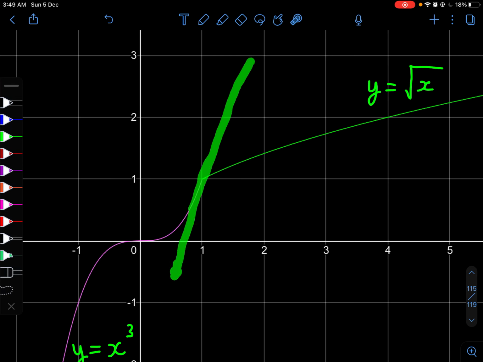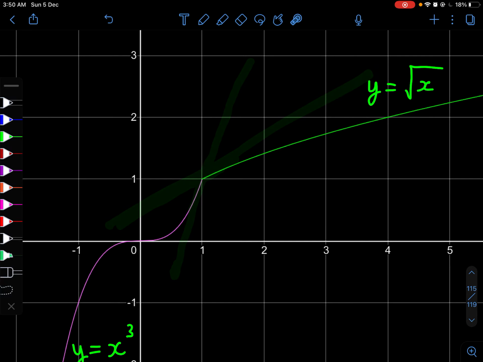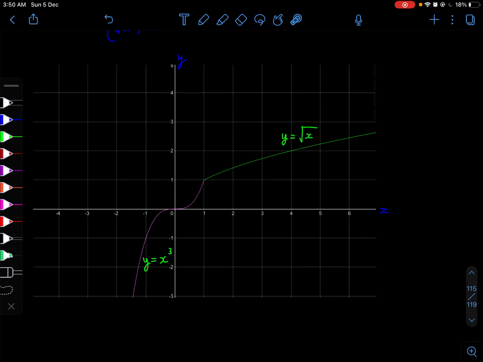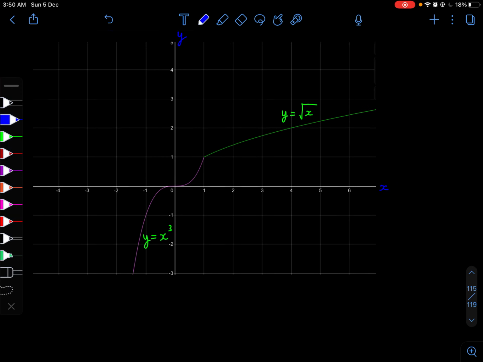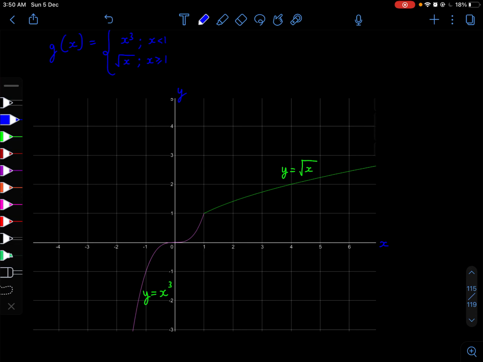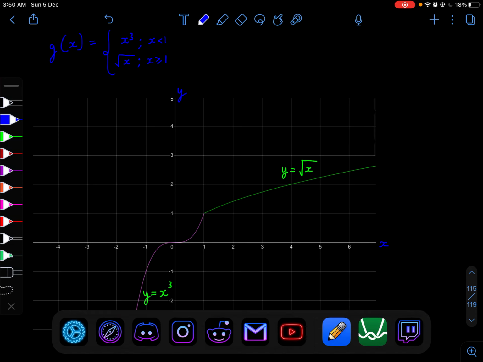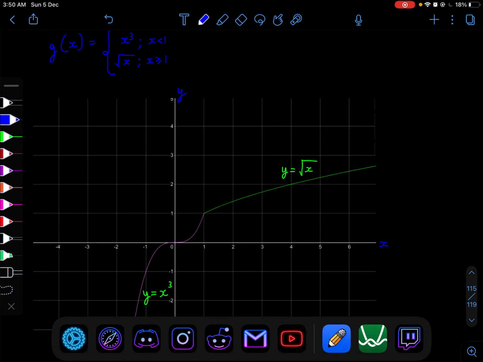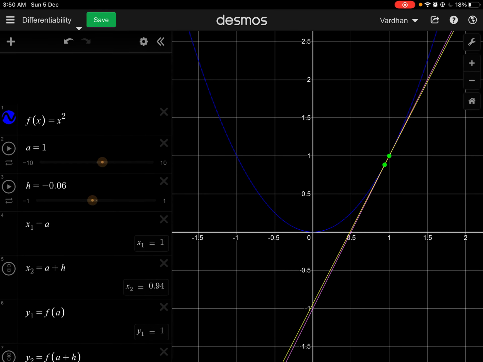But if we were to use the curve y equals the square root of x and draw the right hand derivative, the tangent would be something like this. So here we're not getting the same tangent line. We're not getting the same slope for the left hand derivative and the right hand derivative. So to check that, we check both the limits, and even graphically we can see that.